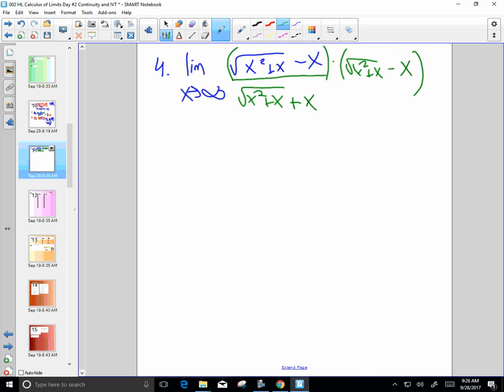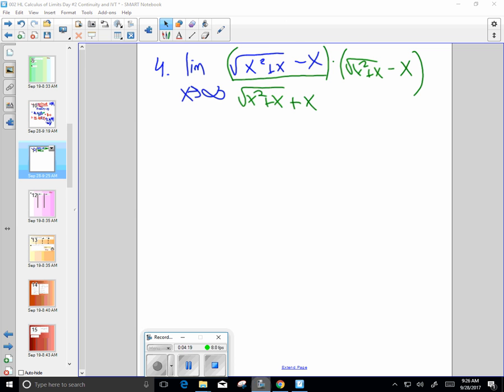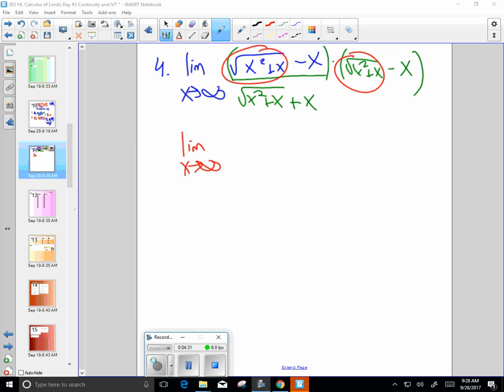So, all right, when you multiply that out, you get the limit as x approaches infinity of, essentially, this times this. What is that squared? x squared plus x minus, what is that squared? x squared, right?